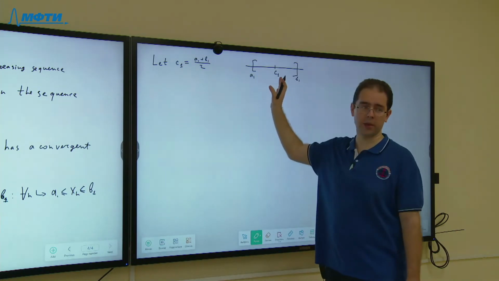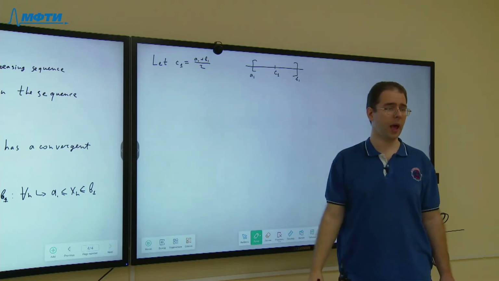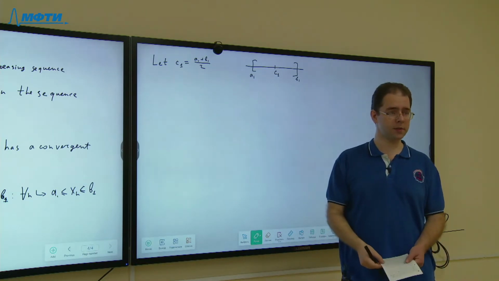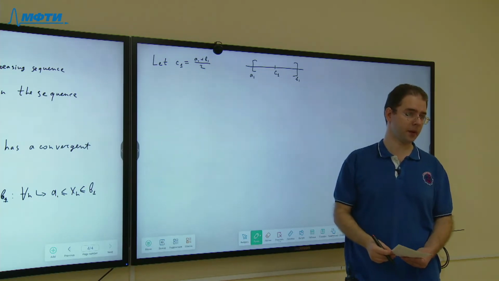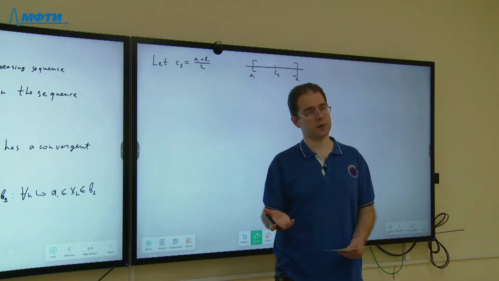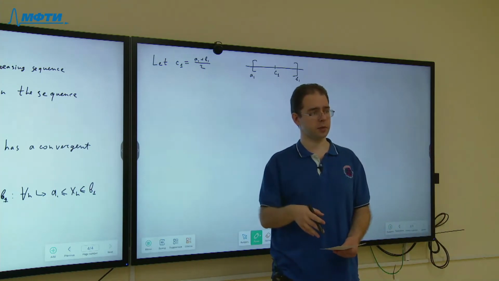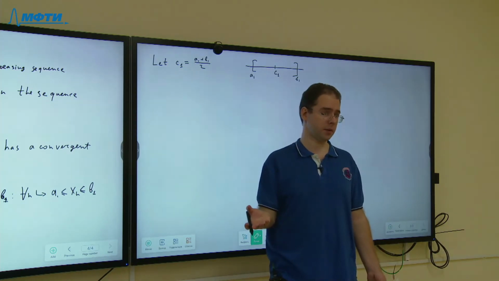Let's look at the right and left halves of this interval. At least one of those halves contains infinitely many terms of my sequence. Because otherwise, if both of those halves contain only a finite amount of terms, then the whole interval would contain a finite amount, which is not the case.